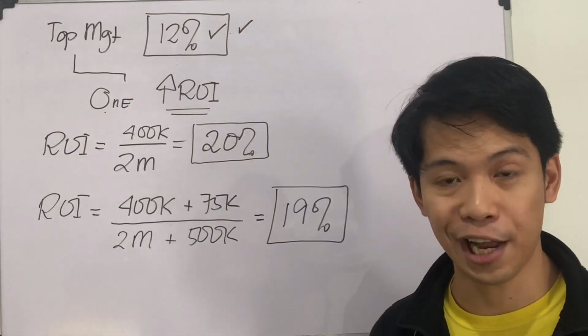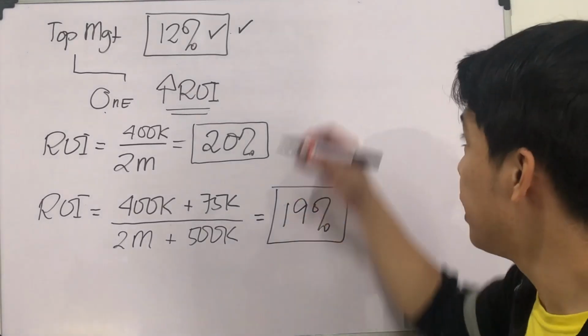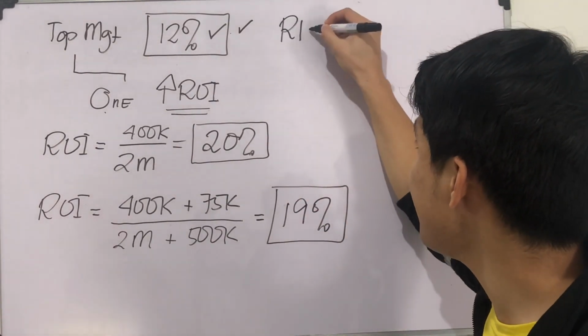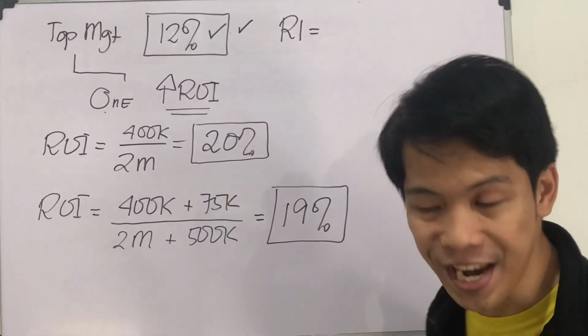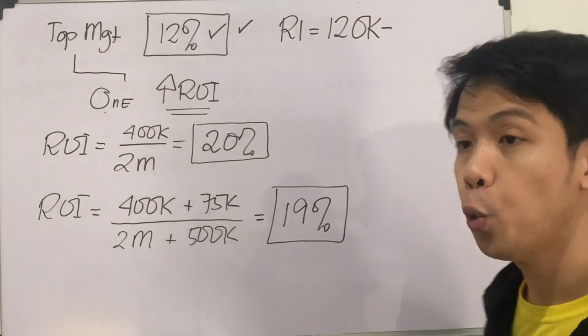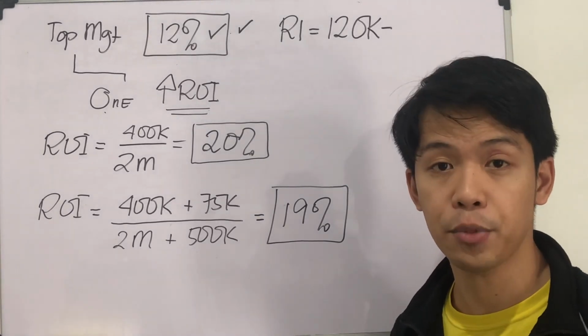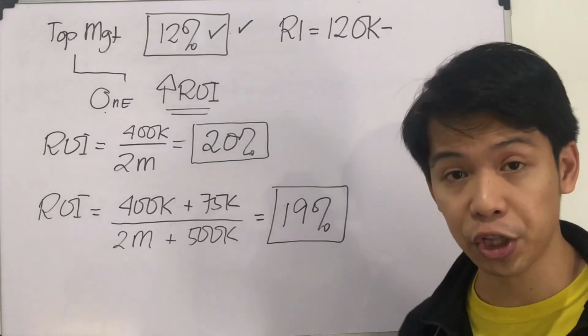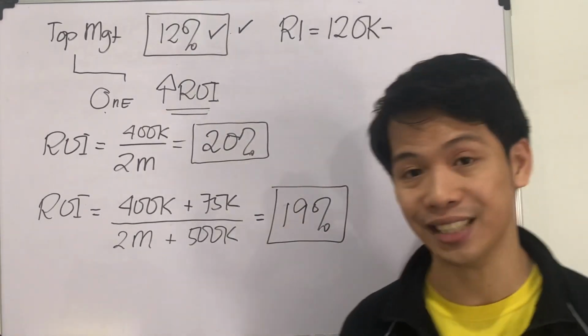Now, let us calculate the residual income for 2019. Residual income for 2019, you have the income in 2019, 120,000. We are now going to deduct the minimum income for this investment to be considered a good project. We should base it on the size of the assets.